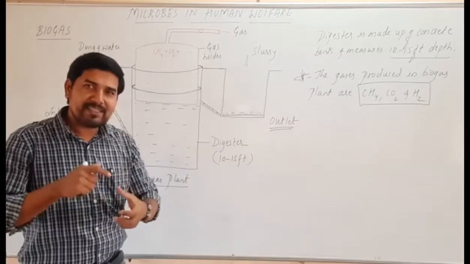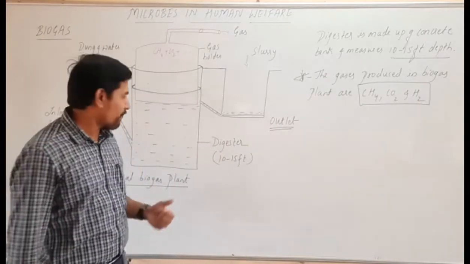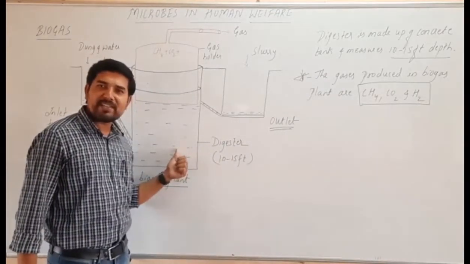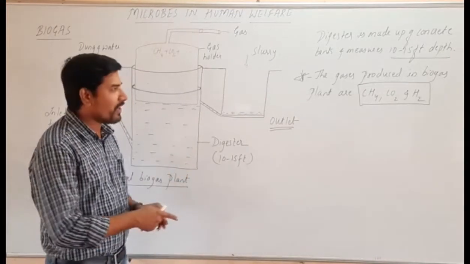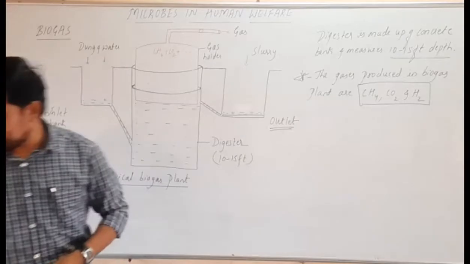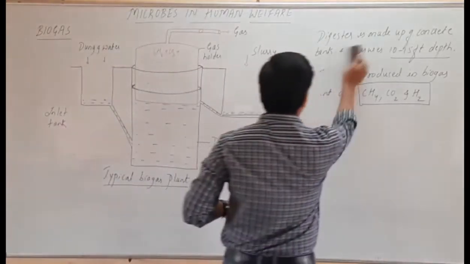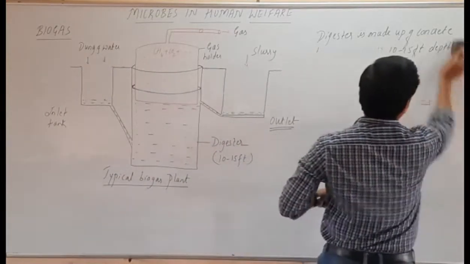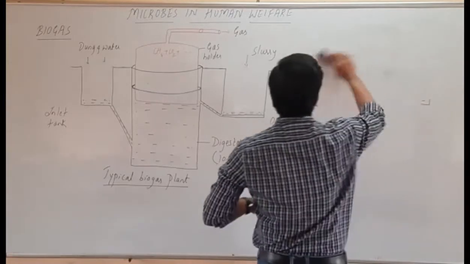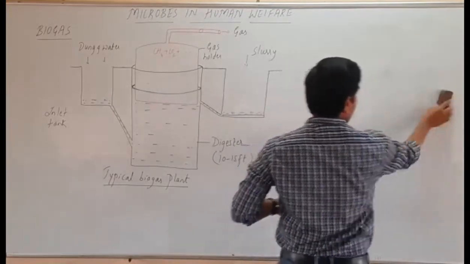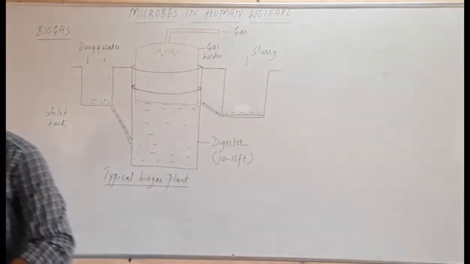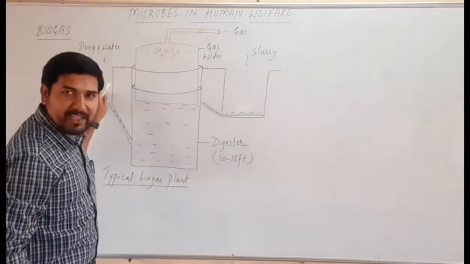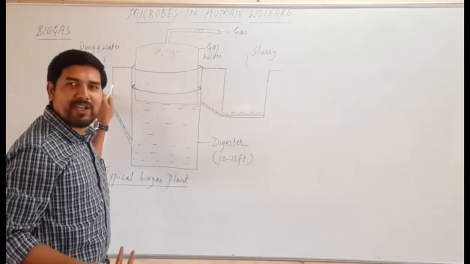Let's see some additional part of this. How exactly the biogas is produced by the action of microbes. Okay, so let's plot here and see. Now the raw material we add in the inlet consists of dung.